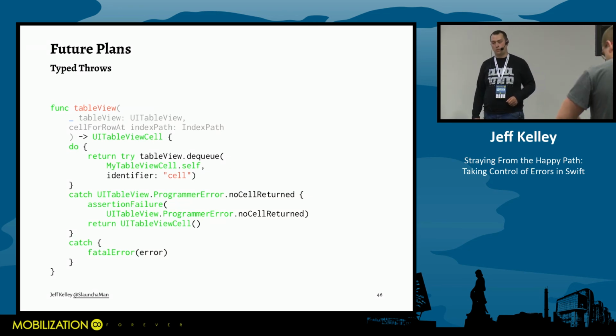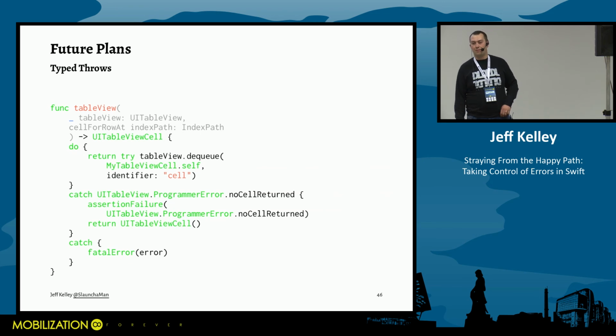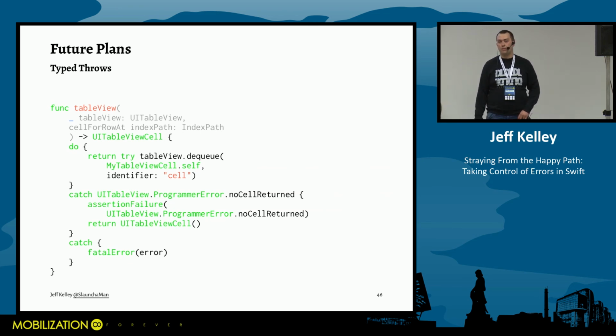I was doing errors in Objective-C, probably like everybody, and there was the userInfo dictionary where you can define the localized description, and also some other keys like failure reason, and some other things. What about those?